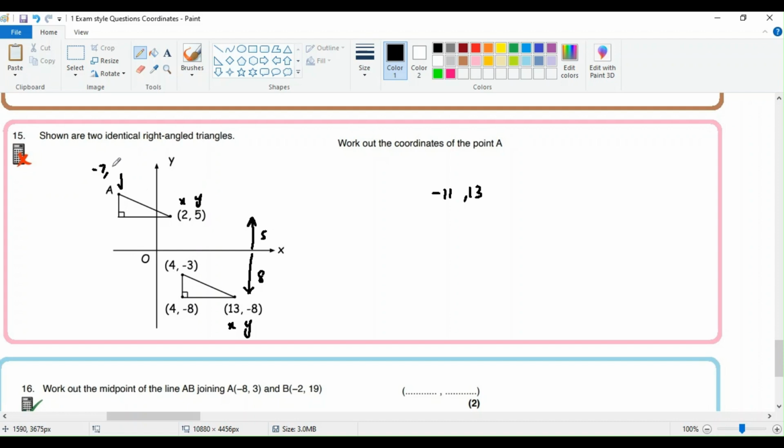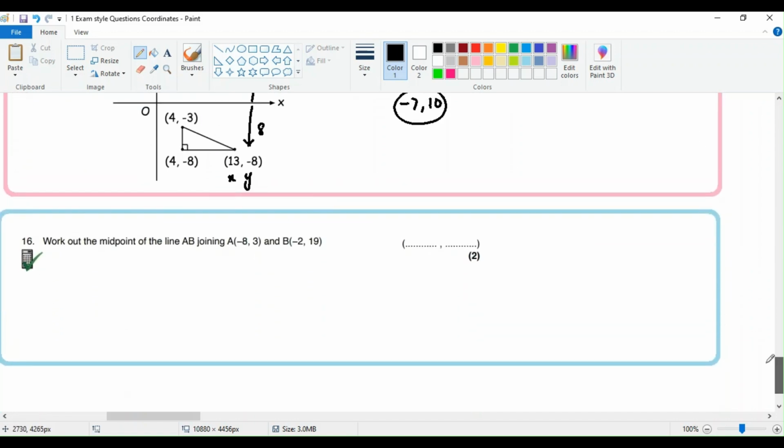So this is going to be positive 10. That means (-7, 10) is going to be the answer. This shape has moved 10 upwards and 7 steps towards the left. Moving on to the next question, it says work out the midpoint of the line joining A and B. That means -8 plus -2 divided by 2, and we have 3 minus 19 divided by 2.